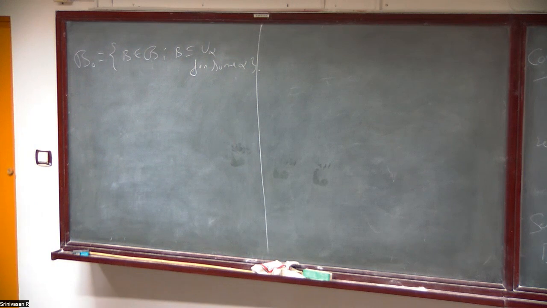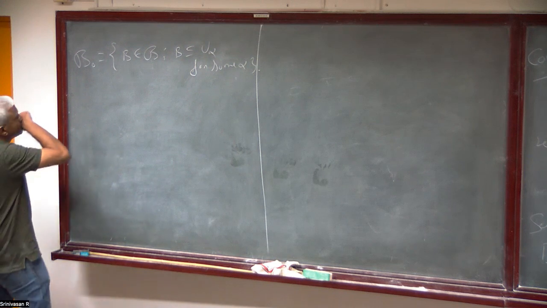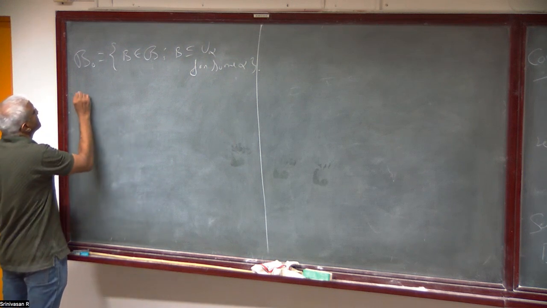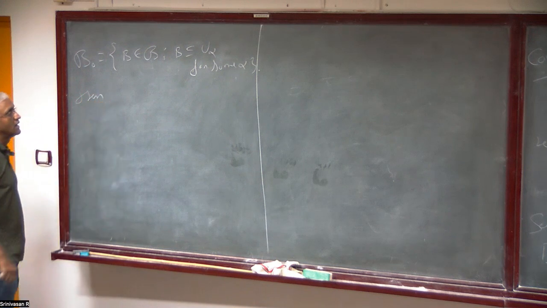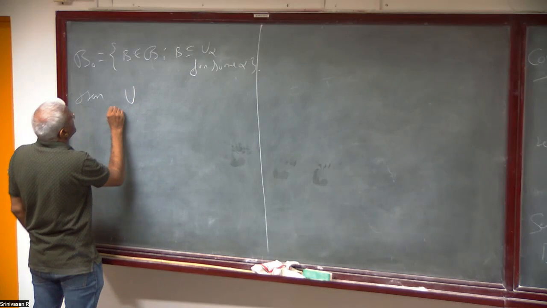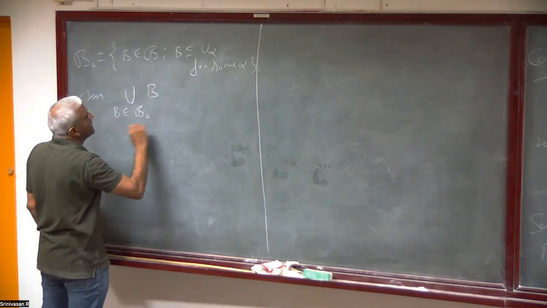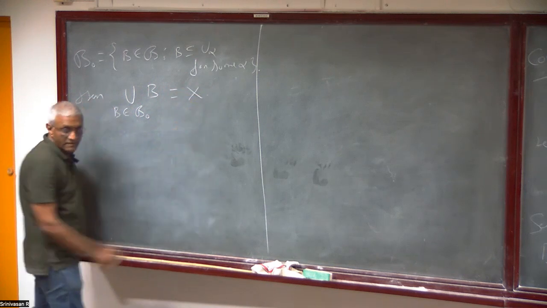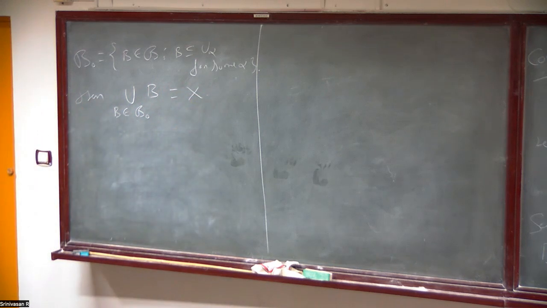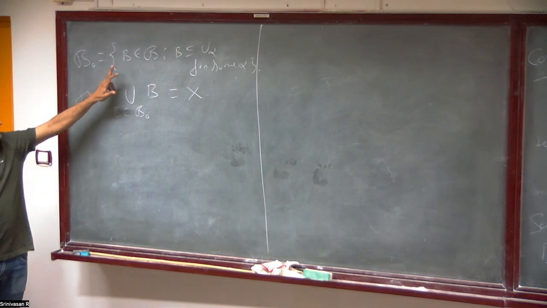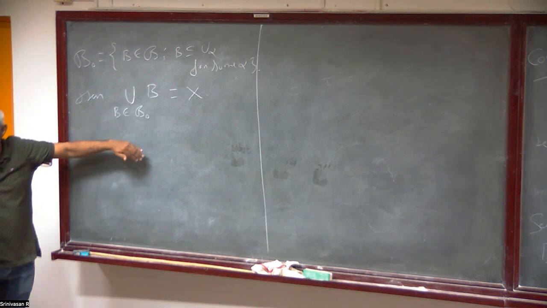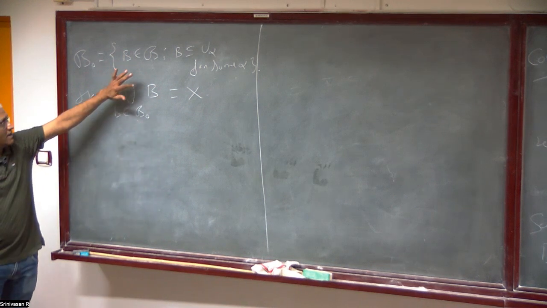Then, of course, it's clear that the union of B in B naught is also equal to X. Because B is a base, I will not write the argument for this, I will say it.